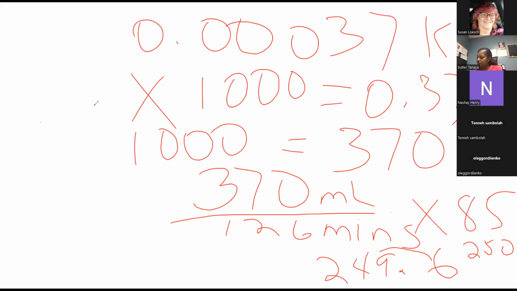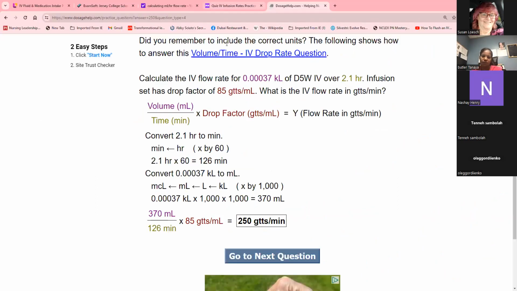Okay, let's go back to the test and see what else is on there. Okay, we did number 3. Number 4 is here. So number 4 is asking for the strength. Okay, so this is the one time that you would put the milligrams behind the answer because it's asking for a strength.